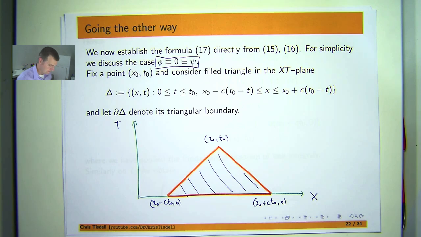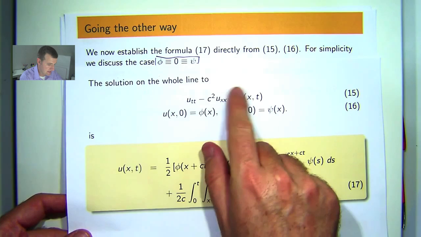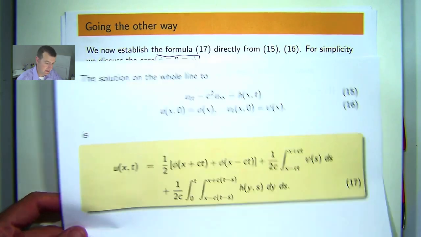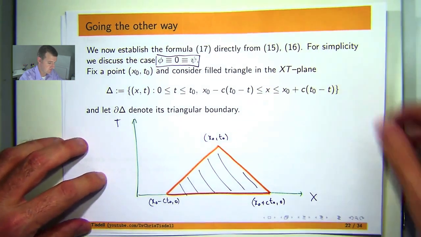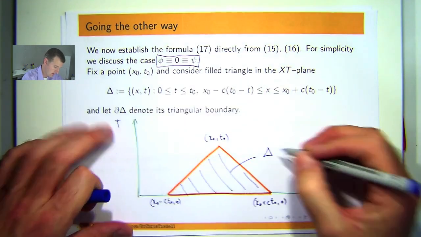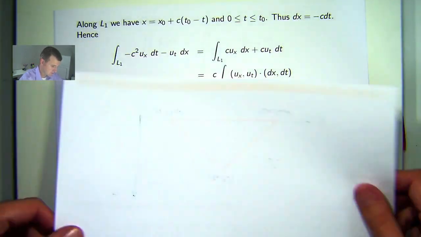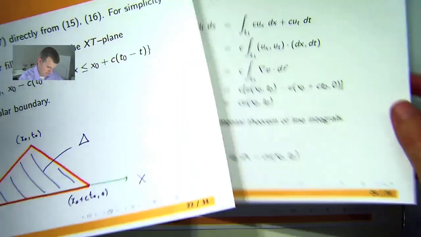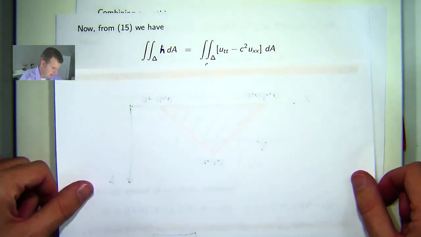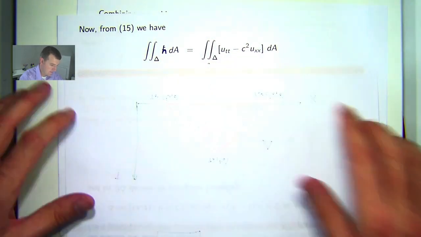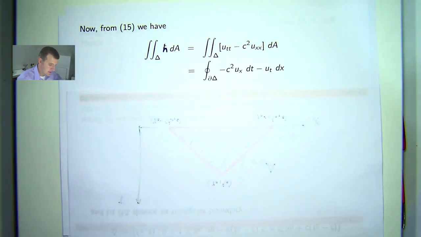Okay, so if we take 15, let's take a double integral over both sides, where we're integrating over this triangular filled region. There we go. Okay, so we integrate over the filled triangle, and then we can apply Green's theorem.